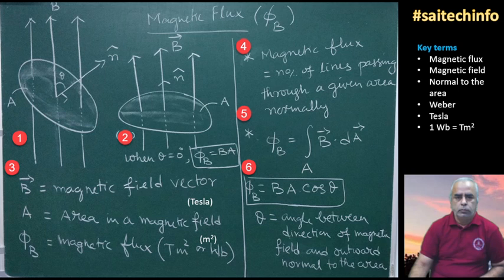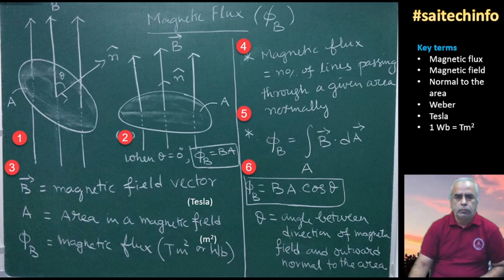Look at the second diagram. What is the difference between these two? Are you able to find the n cap in the first diagram? And this is the planar surface A, where n cap is the normal to the plane surface. Are you able to understand this? The magnetic lines are passing at an angle theta to the normal of the plane.